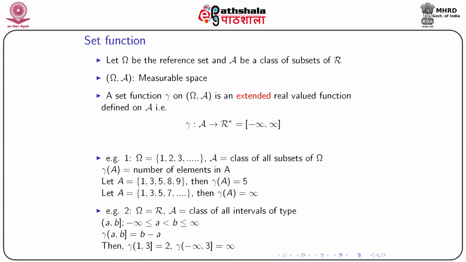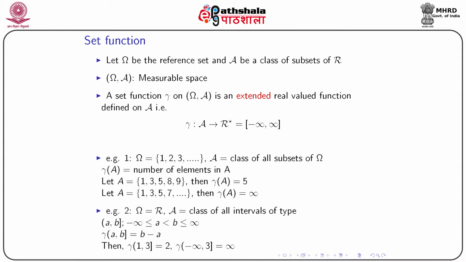By extended real valued function we mean that this gamma can take the value minus infinity as well as plus infinity. So this set function is a mapping which maps this class script A into the extended real line, consisting of minus infinity as well as plus infinity. We denote it as a closed set where both the extremes are included.